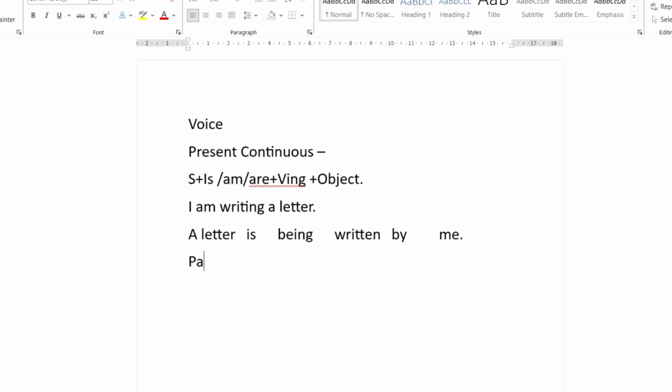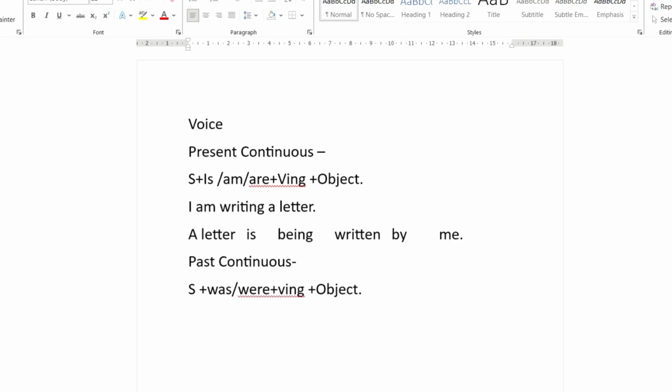Okay, let's take up the next topic, that is past continuous. Sentence formation is subject plus was, were plus VING plus object. The same thing we will do.